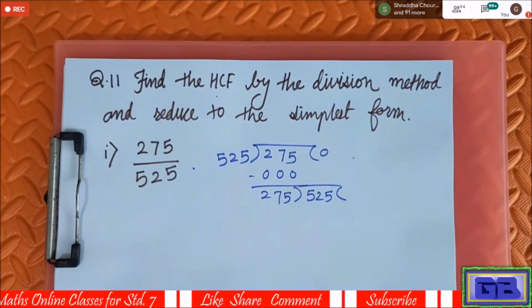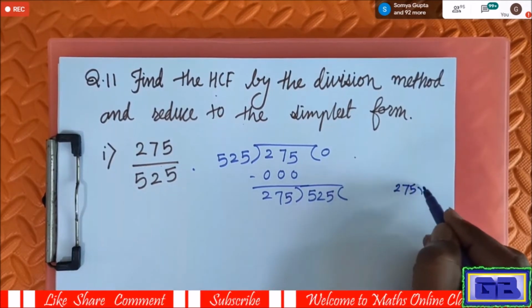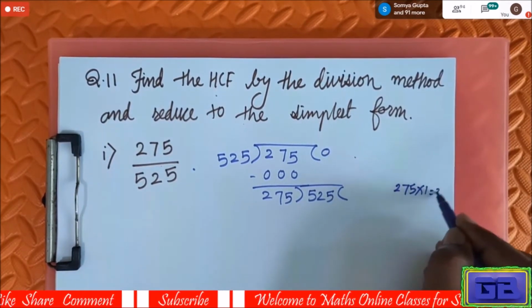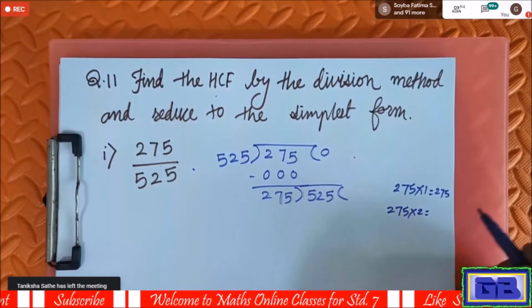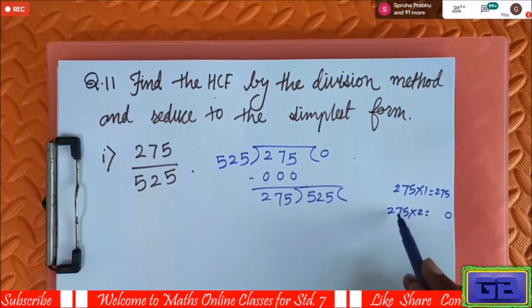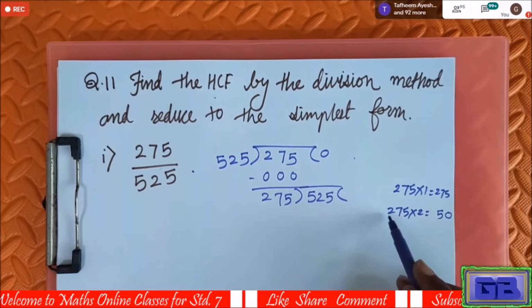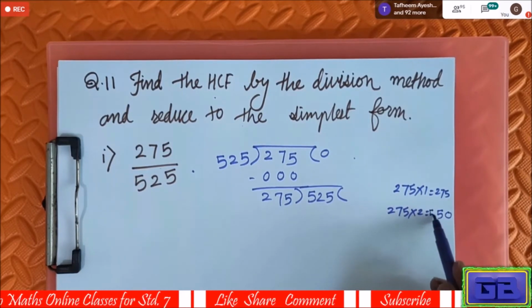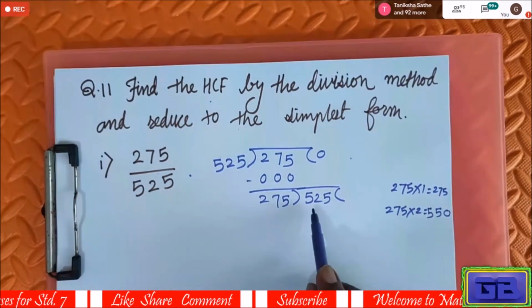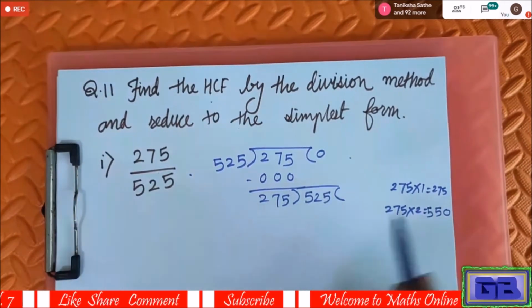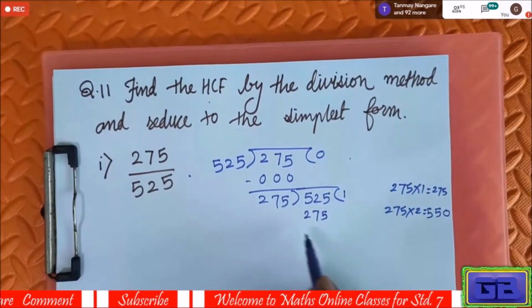Now we will make a table. 275 ones are 275, 275 into 2 is 550, which is greater than 525. So we'll take 1, 275.